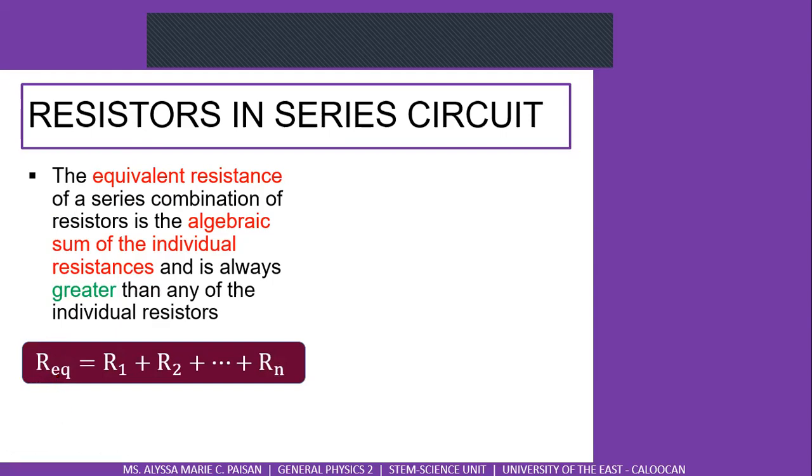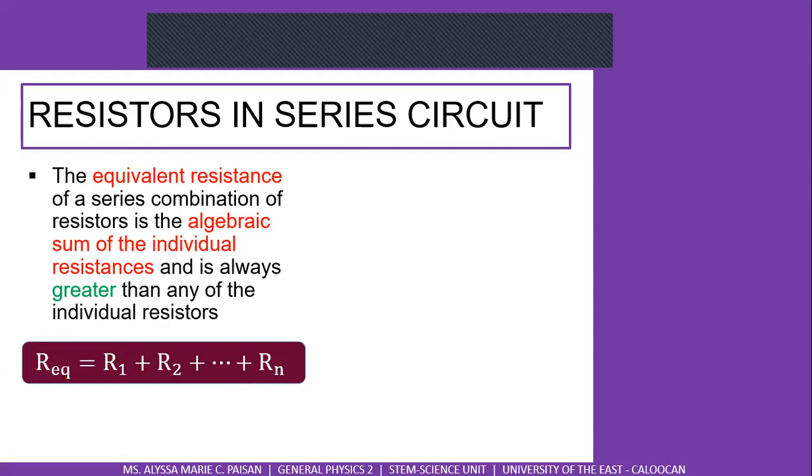So, the R equivalent here is just like the C equivalent or the equivalent capacitance. So, ang tawag naman natin dito ay equivalent resistance. And the equivalent resistance is always greater than the resistances of the individual resistors. Obvious naman kasi mag-a-add up nga siya, no?